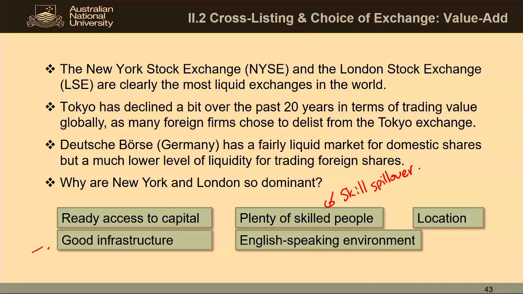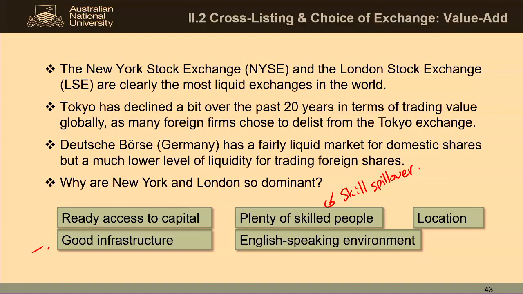If I put this in an exam, I'm going to put emphasis on this because of all the pain that we have suffered. It's also English-speaking environment because instead of having to learn, say, German or learn, say, Spanish and so on, English is the most spoken language in the world. It's just very easy to access.